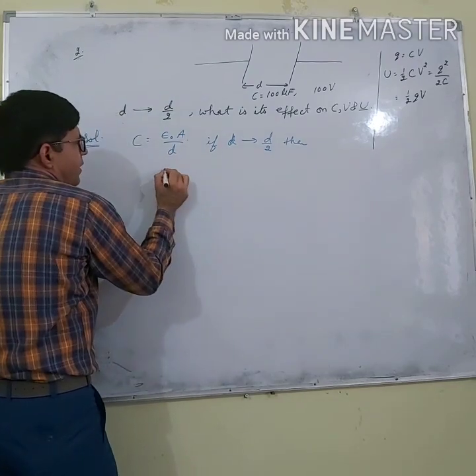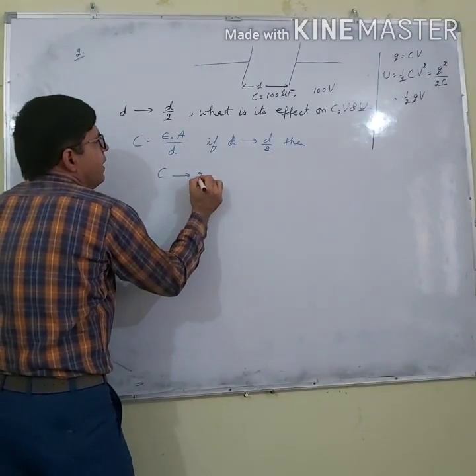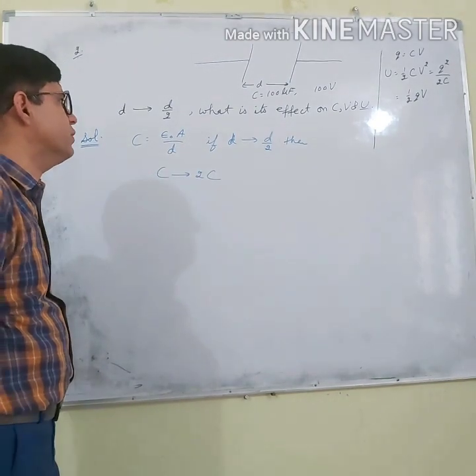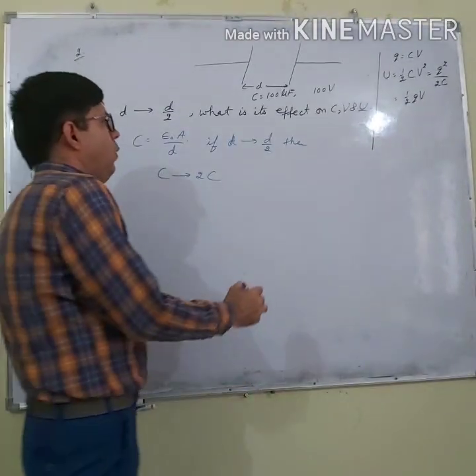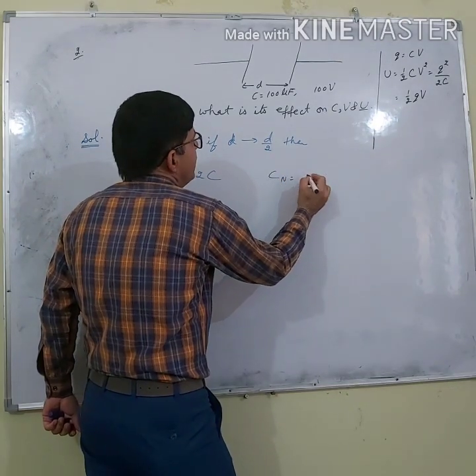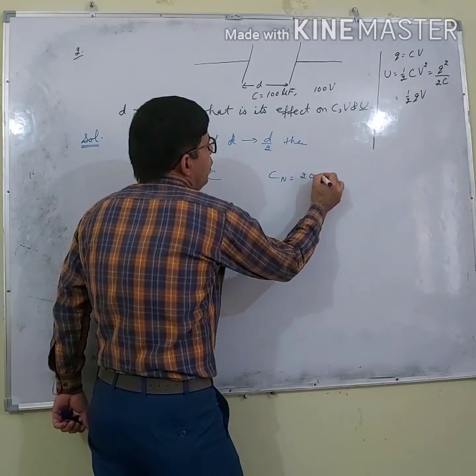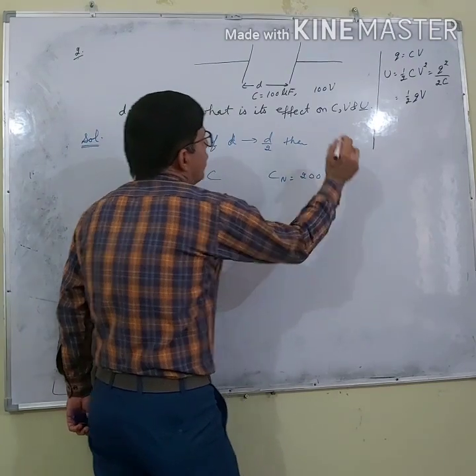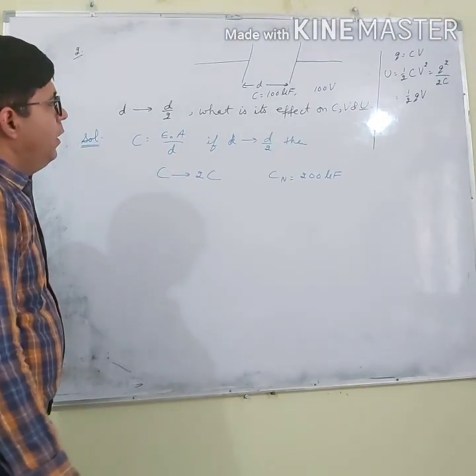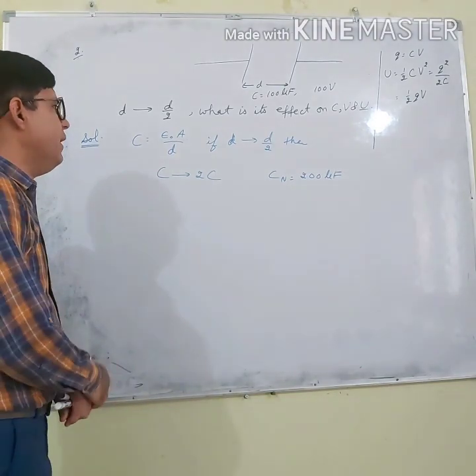Then the capacity is doubled, because C is inversely proportional to D. So what will be the new capacity? The new capacity will be 200 microfarad.